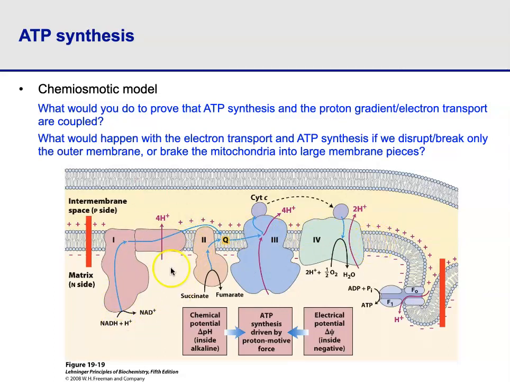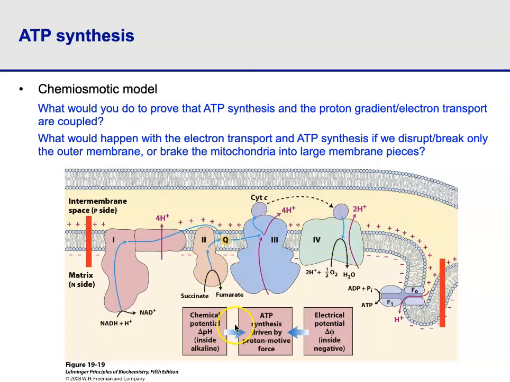Well, if you think about it, the chain of events from complexes 1 or 2 to 4 has not been disrupted. As long as we have a substrate that can donate electrons to complex 1, or as long as we have succinate or anything to donate to Q, electrons will flow.